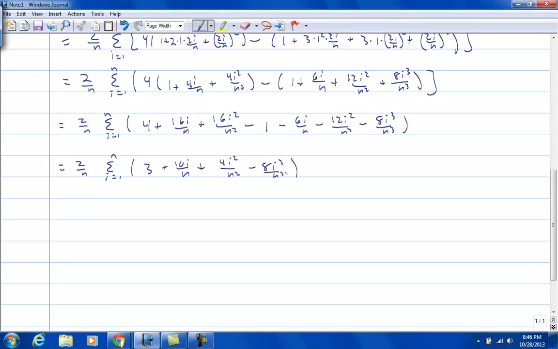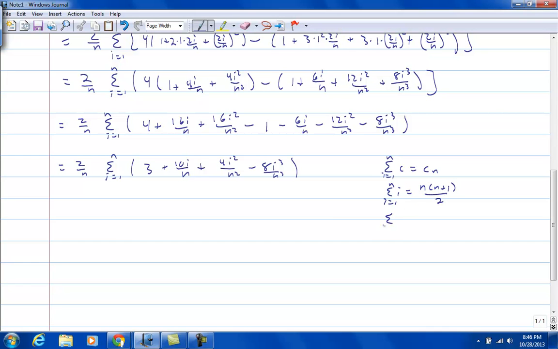And now it's just a matter of each term having the sum expanded. If you recall, the sum i goes from 1 to n of a constant is just c times n. The sum of i is n times n plus 1 over 2.